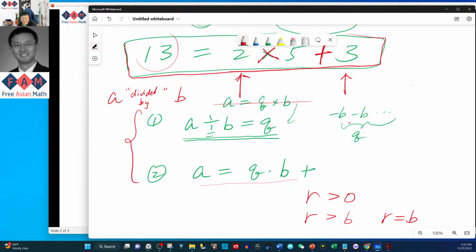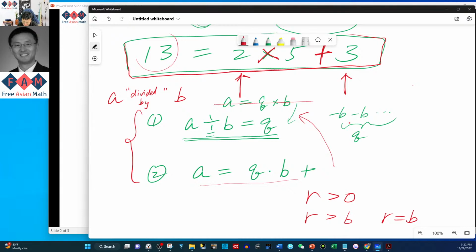And if R is exactly B, we can still subtract B. And in that case, we'll have a perfect division. Once again, in that case, we will have to go to the first case. But we already tried that and we failed. That's where we are.